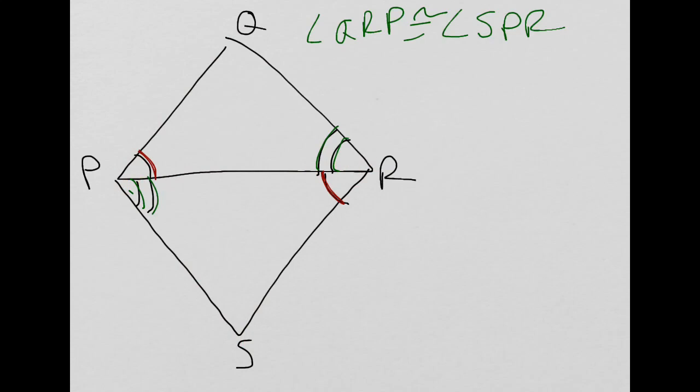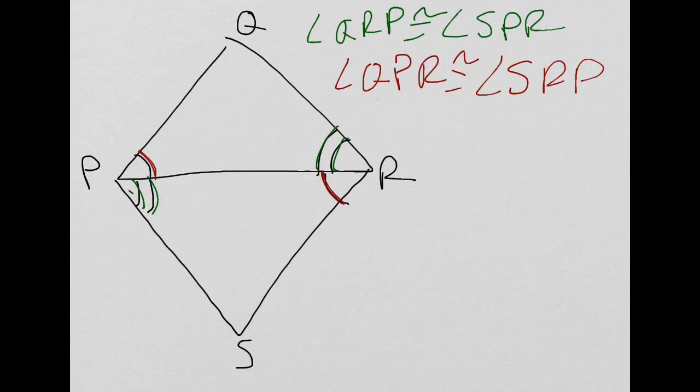I'll write that down. Okay, the last thing I need to get is a congruent side, and I can do that because they share this side right here. So I'm going to say that segment PR is congruent to segment PR, and this is using the reflexive property.